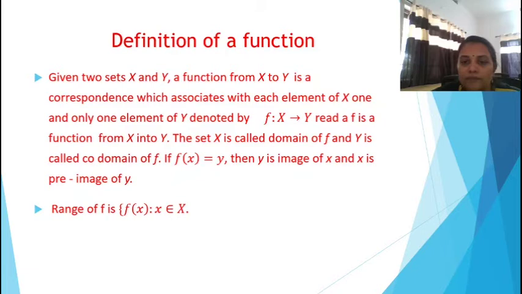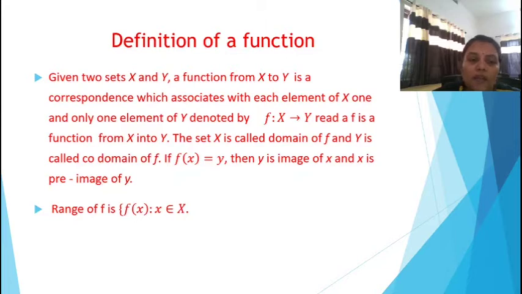F is a function from x into y. The set x is called the domain of f and y is called the codomain of f. If f of x equal to y, then y is called the image of x and x is the pre-image of y.